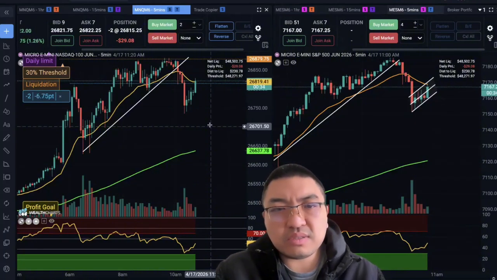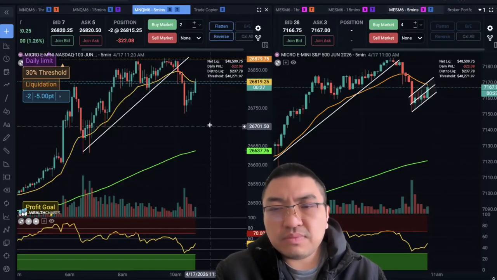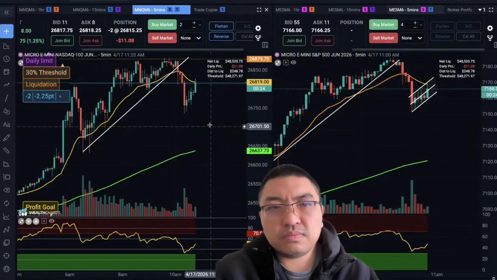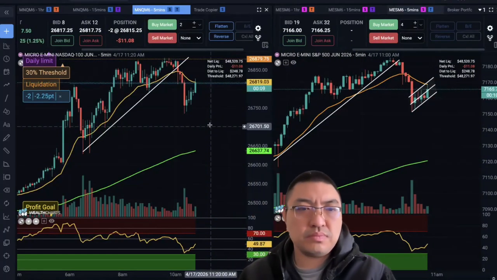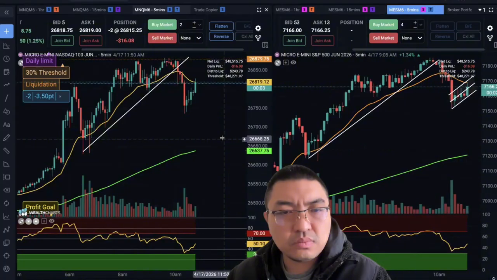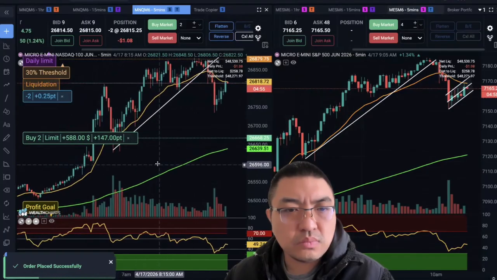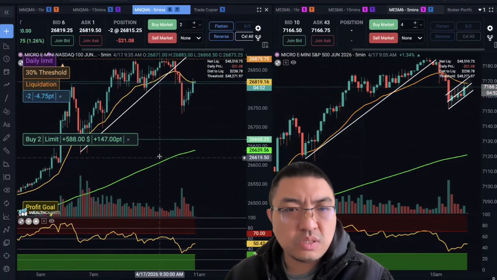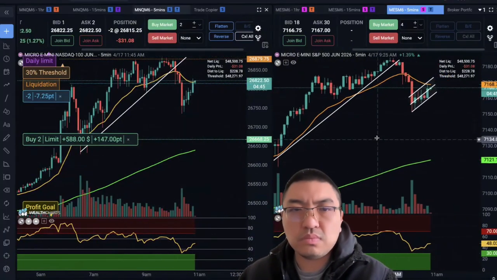If there's any seller right there, then there should be a step in around the upper bound. Let's see. It's still uptrend.